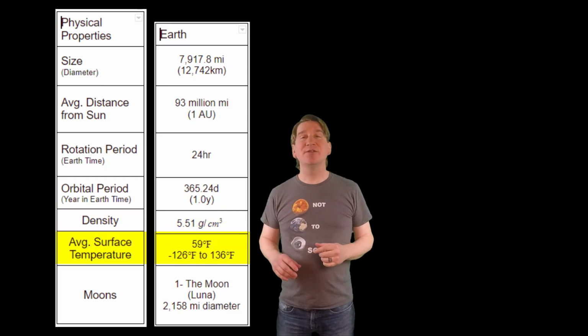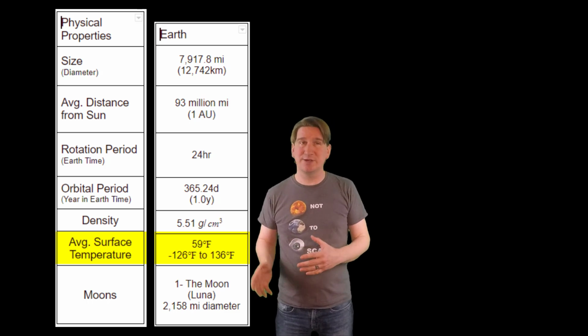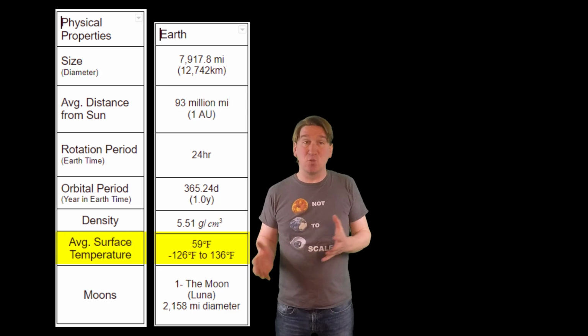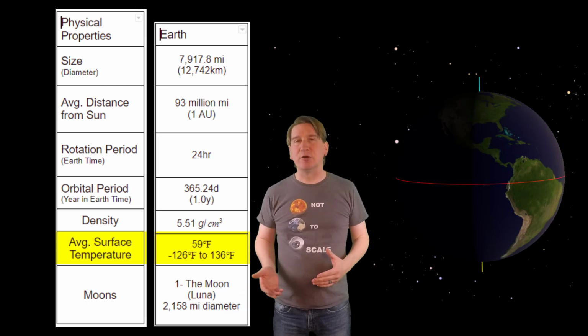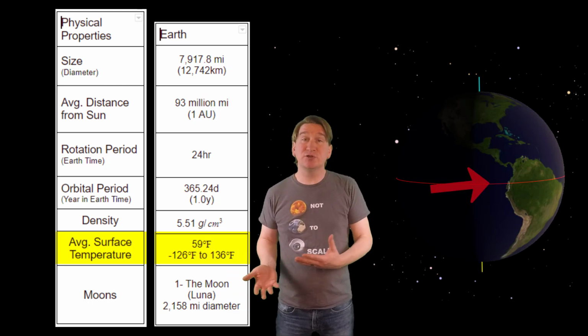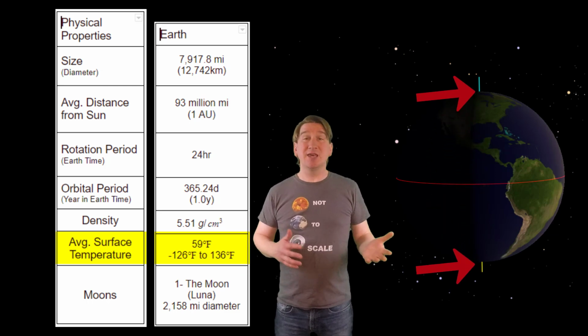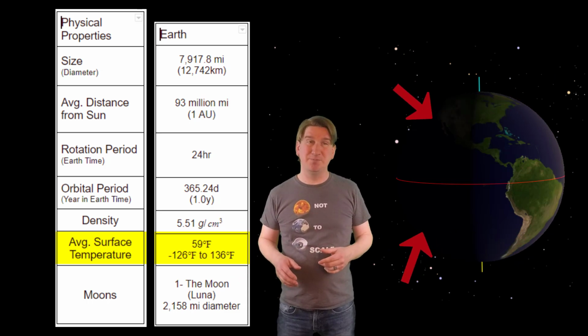Next we come to the average surface temperature. Notice that we use average here again, because the temperature of any planet is not the same everywhere on the planet all the time. For example, here on Earth, we have very hot regions around the tropics and very cold polar regions. It can be warmer in the sunlight during the day and cooler at nighttime.